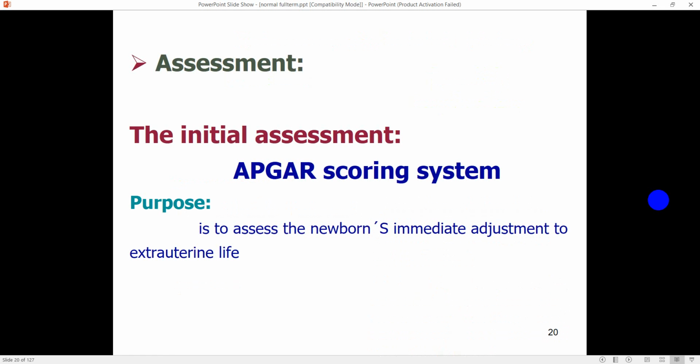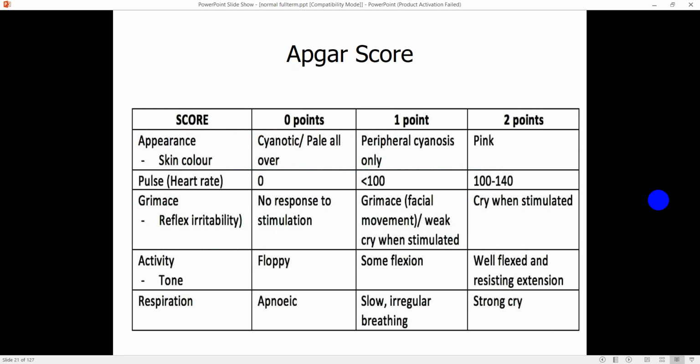Now, after delivery, we need to hear the first cry, which indicates that the breathing is established. Then we need to assess the baby by what we call the Apgar score at 1 minute and at 5 minutes. The Apgar score will be discussed in more detail in the subject of asphyxia.